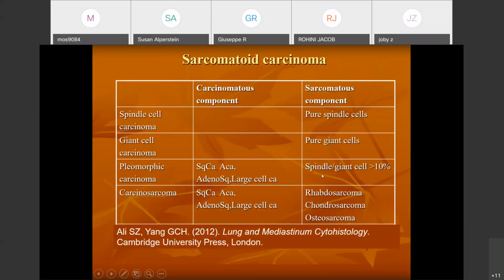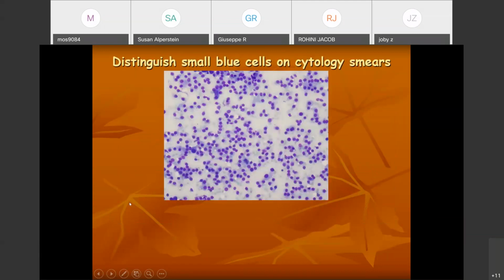The thing is, spindle giant cell components more than 10%. Also, you could have carcinosarcoma if sarcoma components are differentiated, like rhabdo, chondro, osteosarcoma, carcinosarcoma.